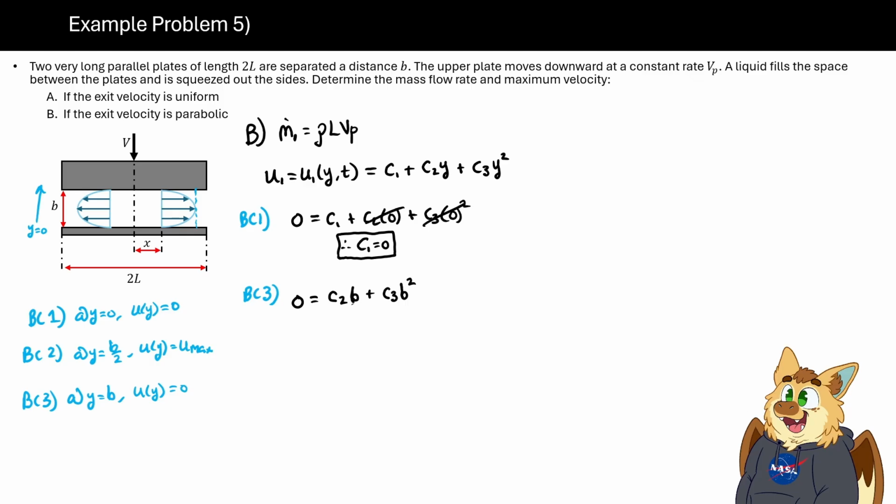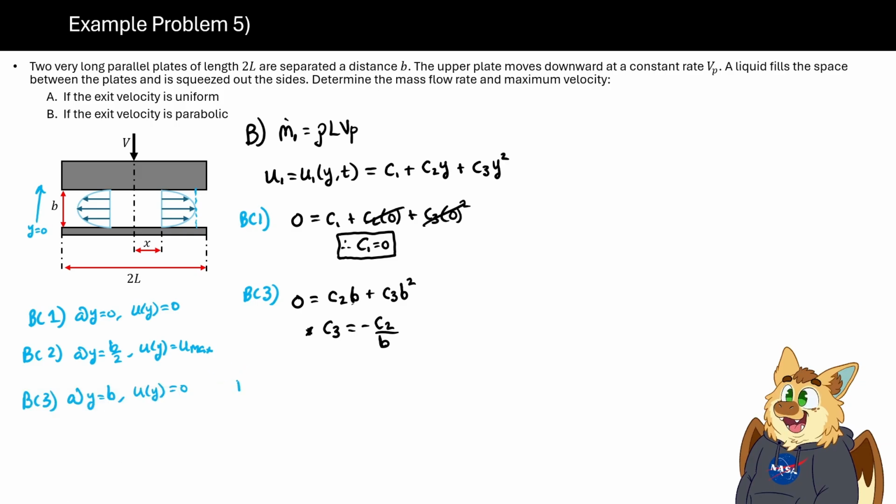So C3 equals negative C2 over b. We'll come back to this because technically we need our last boundary condition to figure out what these constants are, but this is a relationship that we will develop for now.